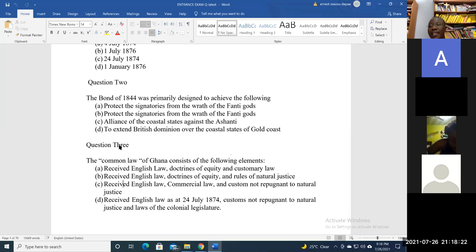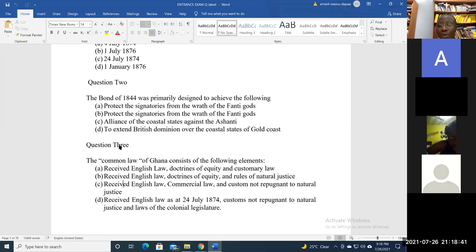If it had just been the received common law and doctrines of equity and customary law, that would make it very simple. A is a high candidate, so let's flag A.